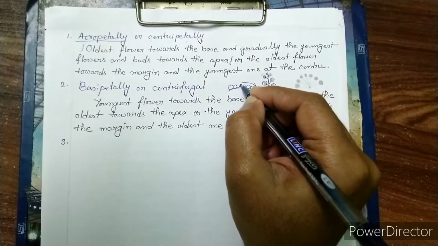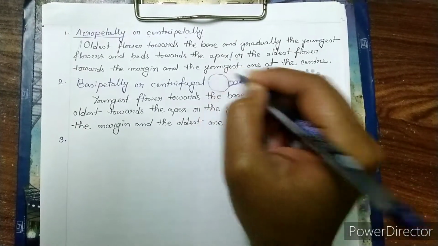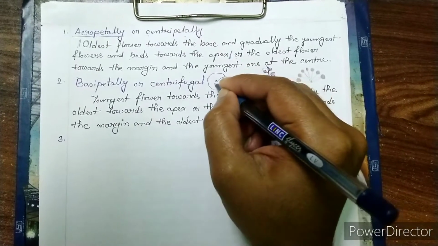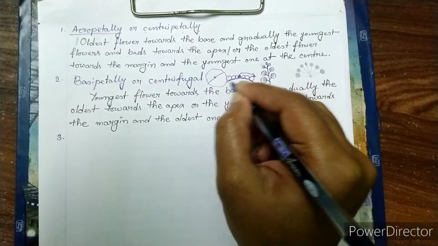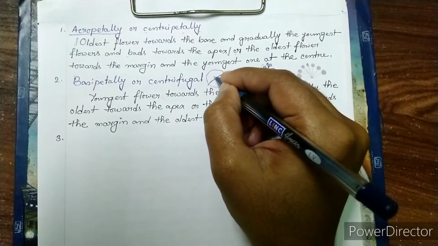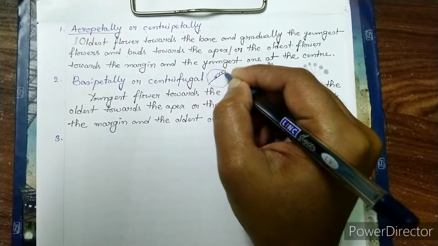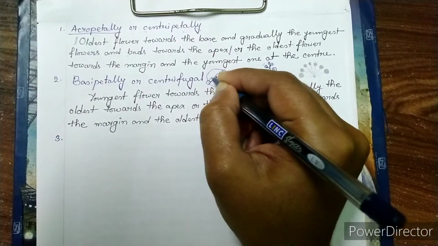So the youngest flower is at the center. If you are thinking about a round structure, then you can easily remember this. Okay, for this structure, if we take a single line, this is small, and gradually it becomes larger.